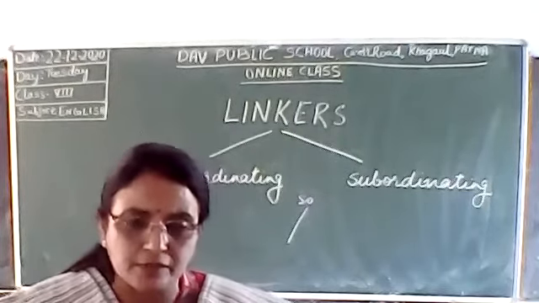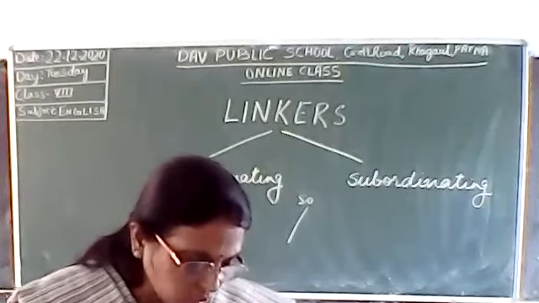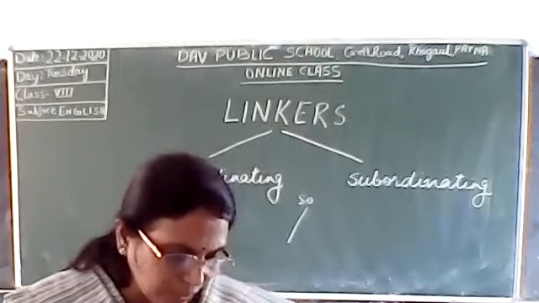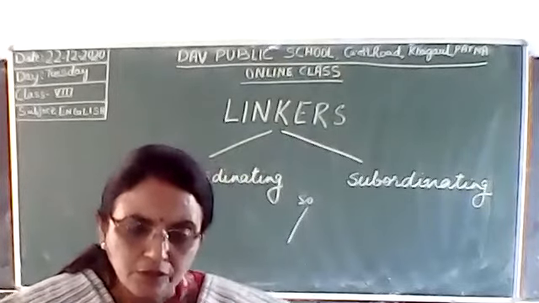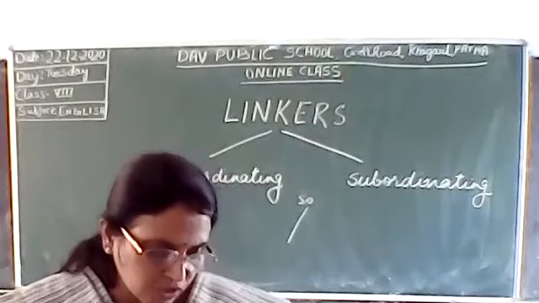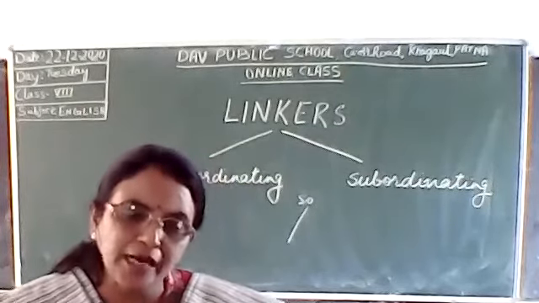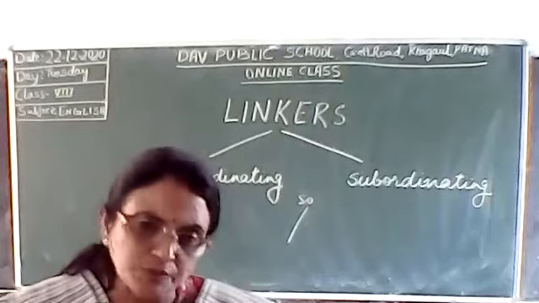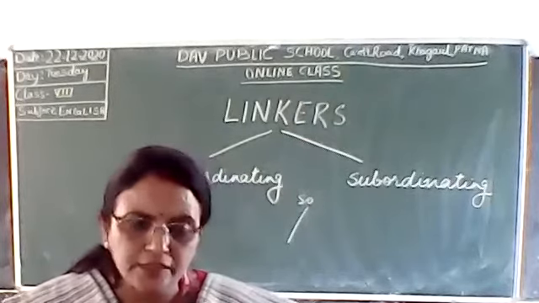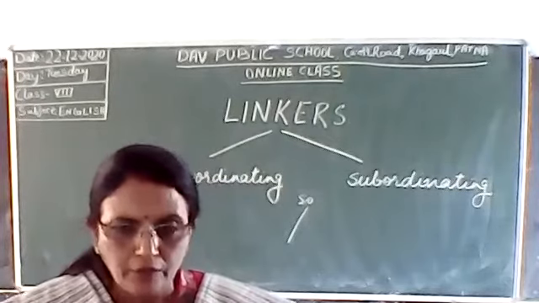They join independent sentences in three ways. First, it will merely add one statement to another; you use and in this. Then you add two statements of contrasting ideas; you use but. And you add two statements expressing choice; you use or.